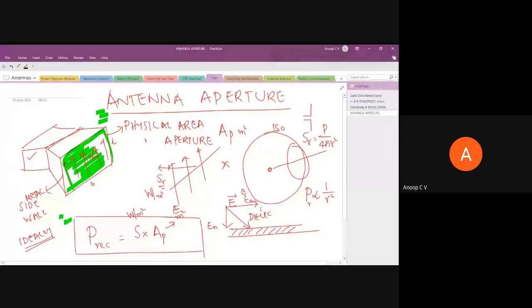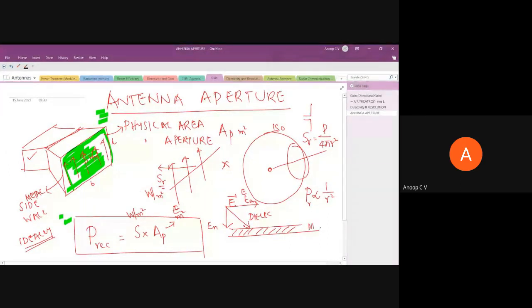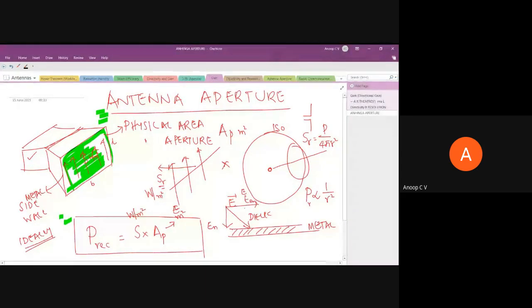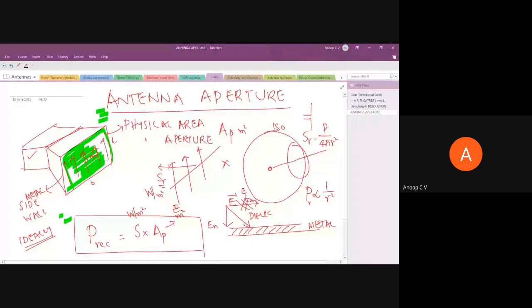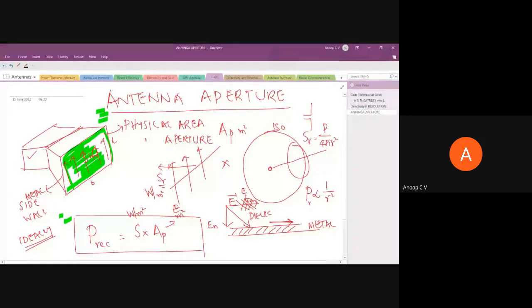So we don't want much in-depth knowledge. If an electromagnetic wave or electric field is encountering a metal dielectric boundary, this tangential component will be forced to become zero. Why?